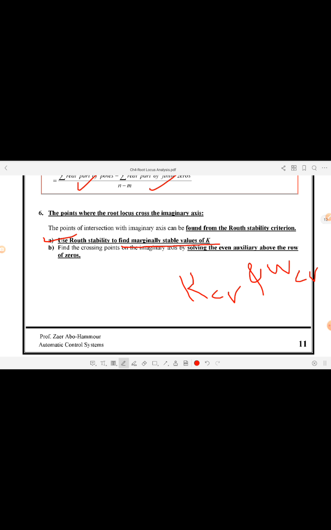We find both of them using the two rules, the no sign change of the first column from one side, and the solution of the auxiliary equation above the row of zeros in order to find K_cr and omega_cr.